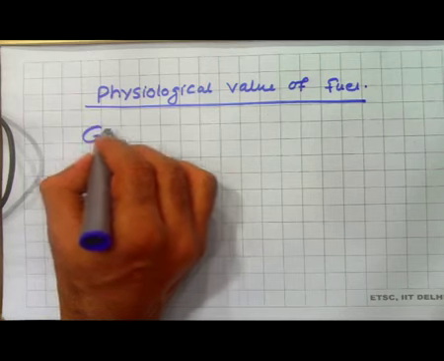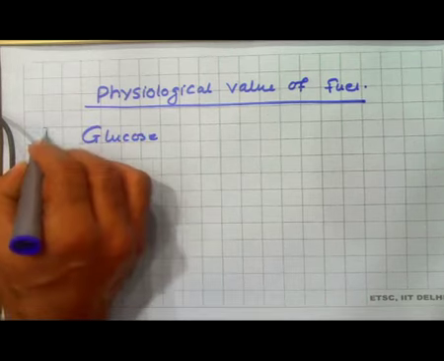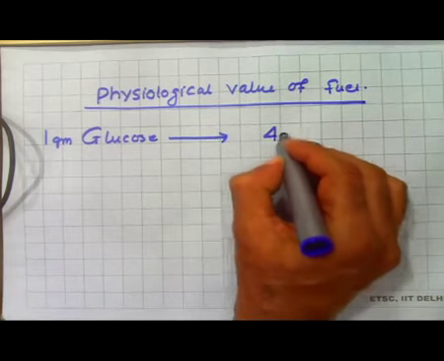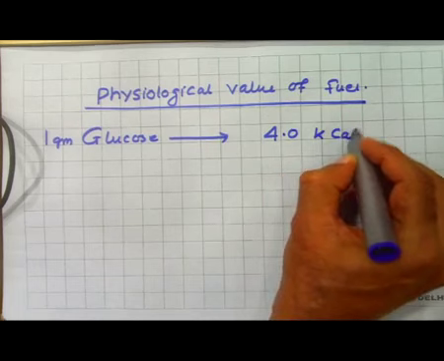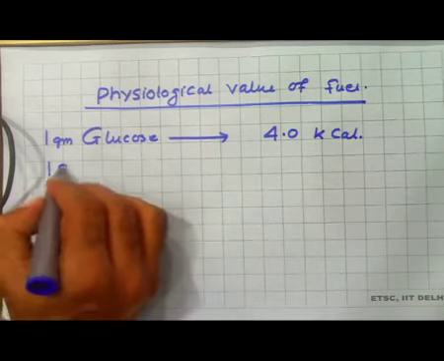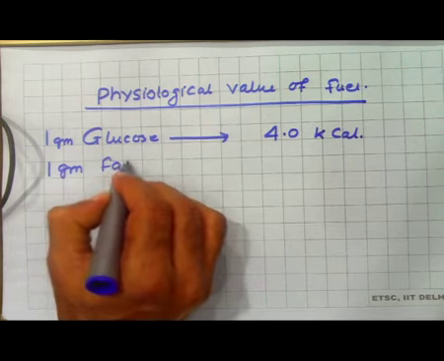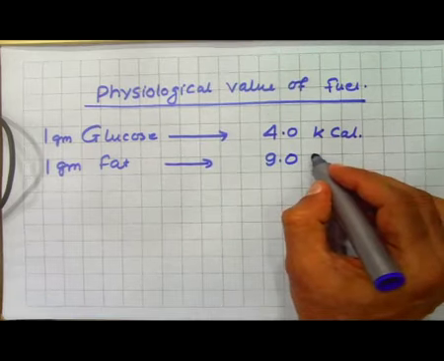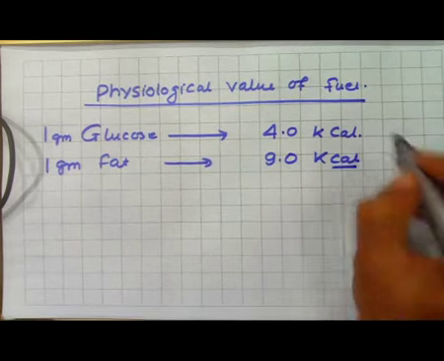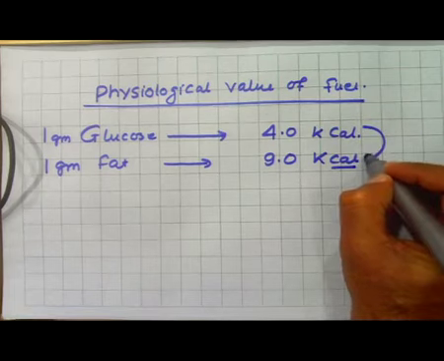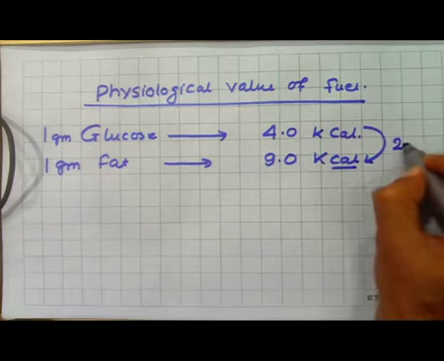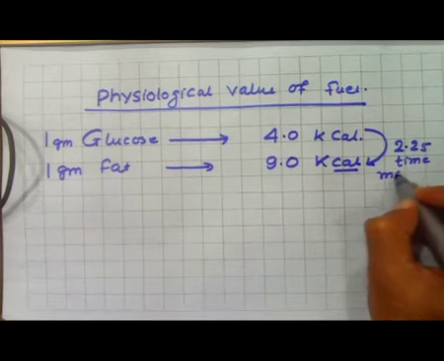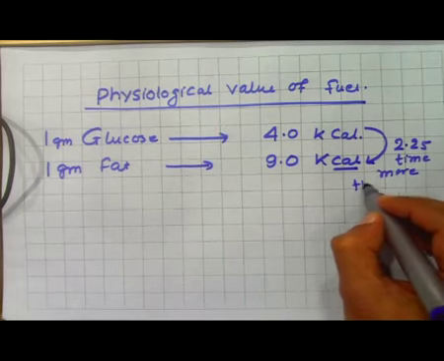When 1 gram of glucose is oxidized, it gives 4 kilocalories of energy, while 1 gram of fat when oxidized gives 9.0 kilocalories. That means, in comparison to carbohydrate, it is 2.25 times more than glucose.